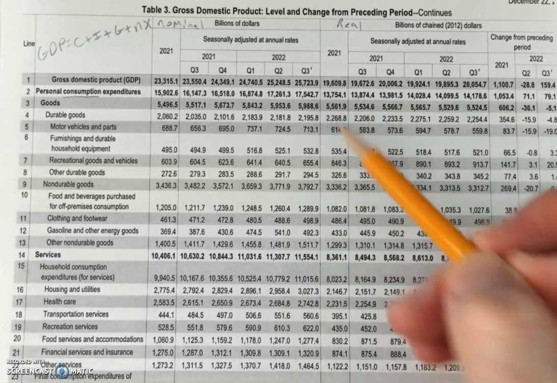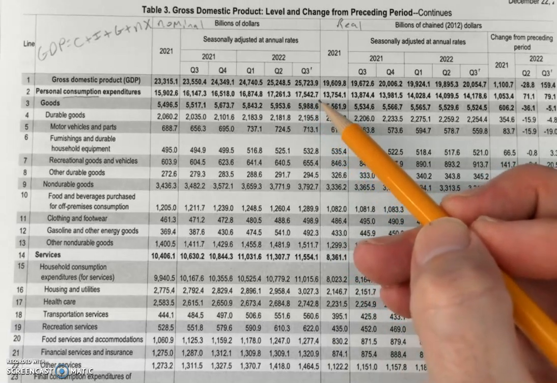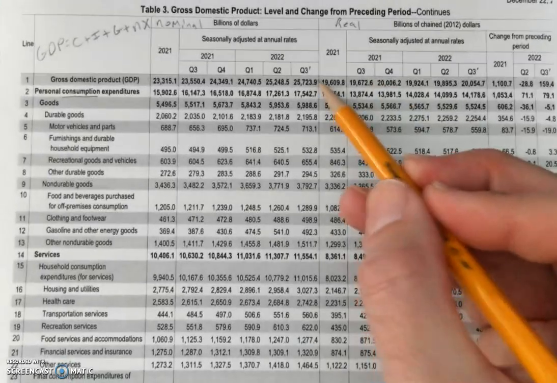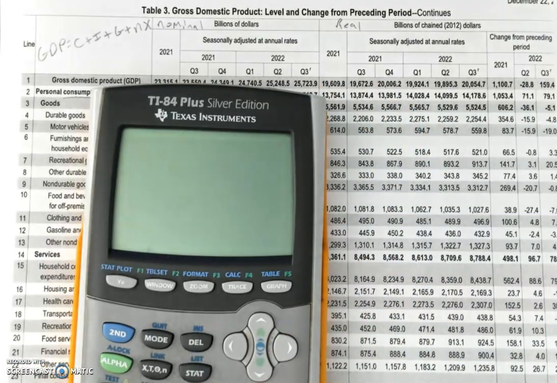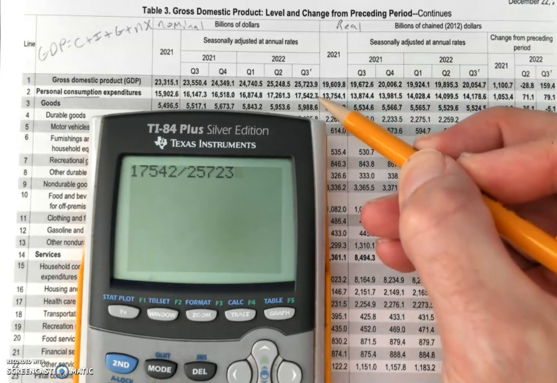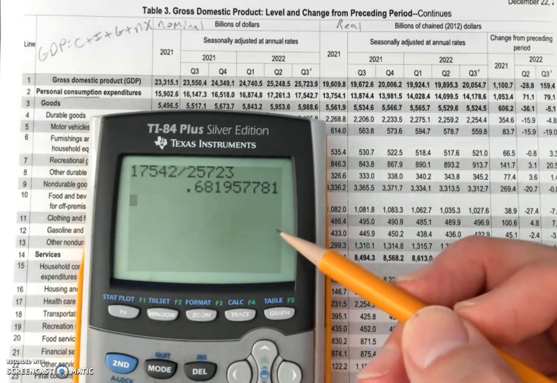You could even calculate the percentage. You could say, what is 17,542 divided by 25,723. Let's do that. 17,542 divided by 25,723. So this divided by this, and you get 0.68.